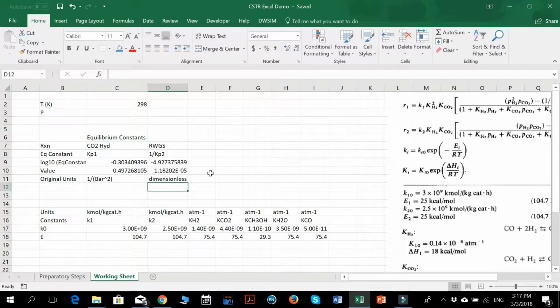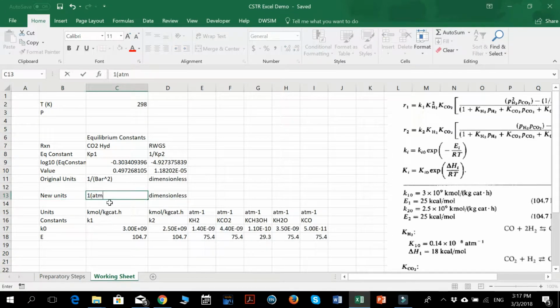That goes to show that we don't need to do any unit conversion for this, but we need to do unit conversion for this. So let's do new units. The second one will be dimensionless, but this I want in 1 over ATM squared.